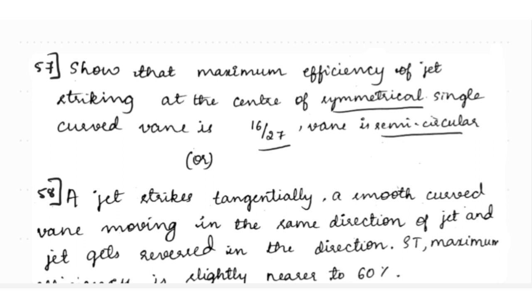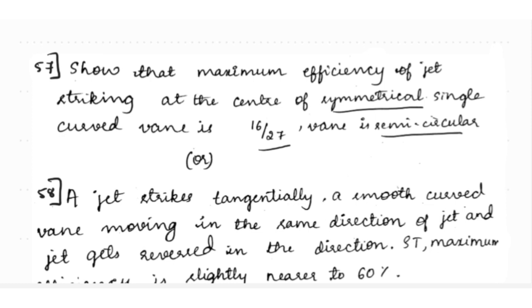Maximum efficiency is nothing but when the derivative of efficiency with respect to any velocity is equal to 0. So if you differentiate efficiency with respect to either the velocity of the plate or the velocity of the jet, it should be minimum, that is, equal to 0.